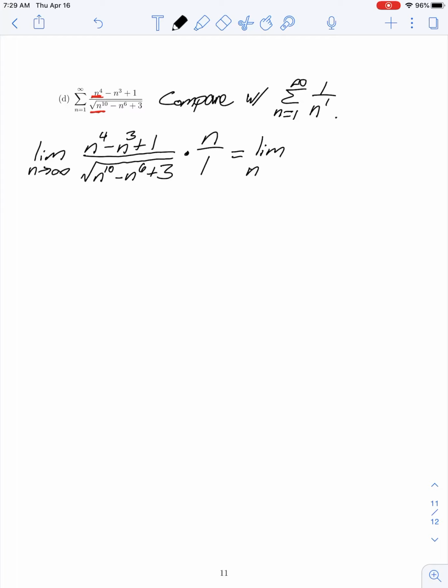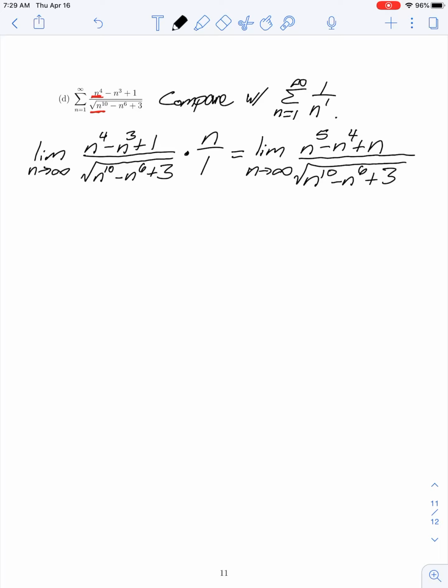So we have the limit then, as n approaches infinity, distributing the n through our numerator. We have n to the 5th minus n to the 4th plus n over the square root of n to the 10th minus n to the 6th plus 3.